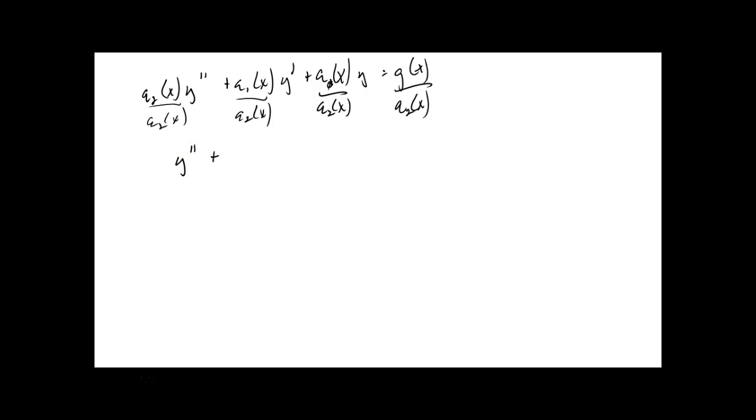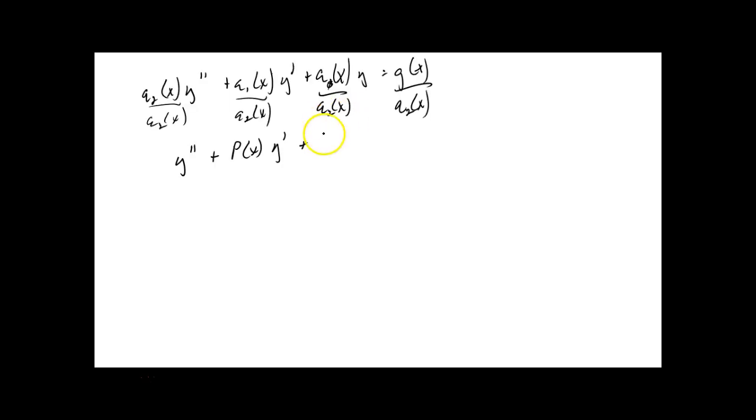You don't know what kind of function it is. How about p of x, y prime plus, how about q of x, y is equal to, well, that's a new function too. Let's call that f of x.